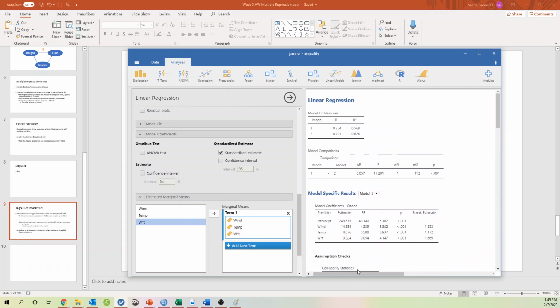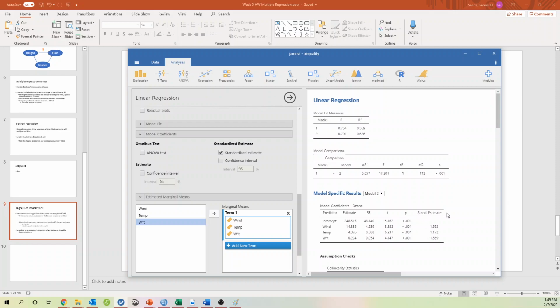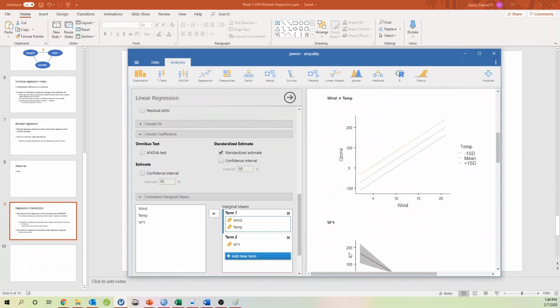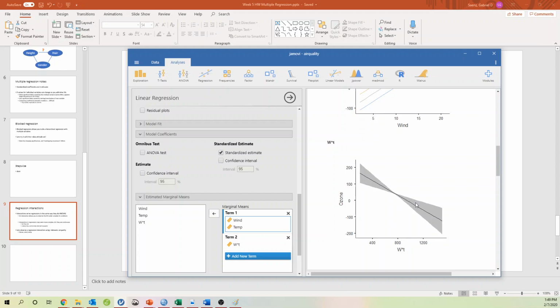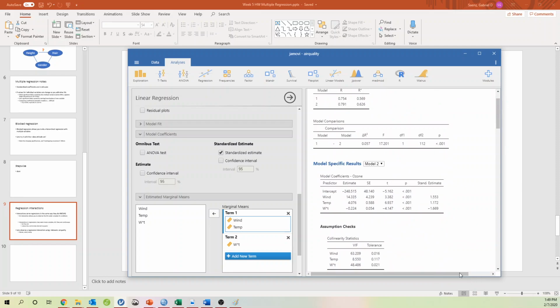But I'd like you to compare what we just did to all of these numbers by adding in the wind times temperature false interaction. And oh God, I know what it's doing. I don't know why this was crawling sideways.